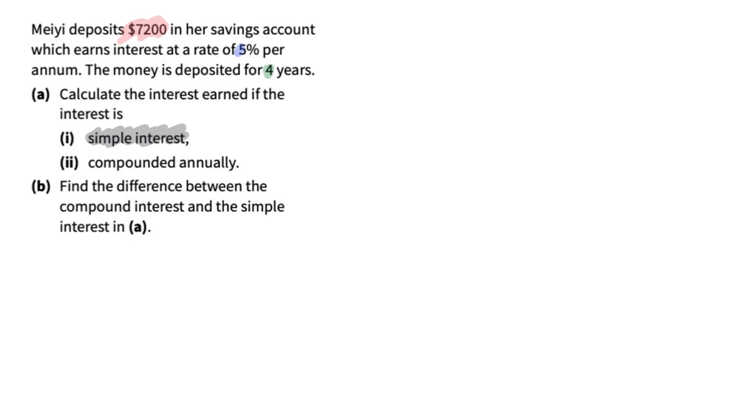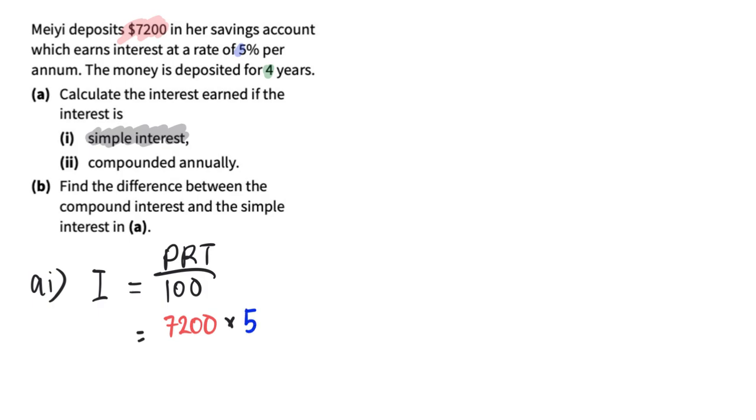For A part 1, we just need to use this formula. So it will be equal to 7,200 multiplied by 5 multiplied by 4 over 100, and that will give me a value of $1,440. A part 1 is done.